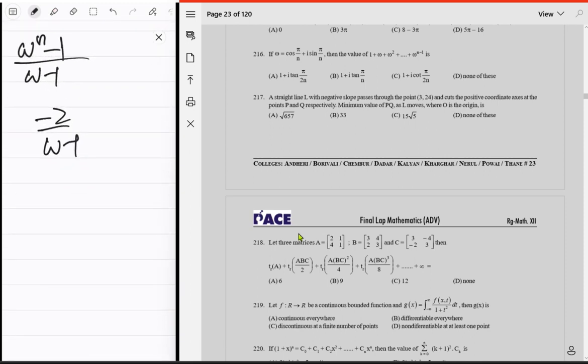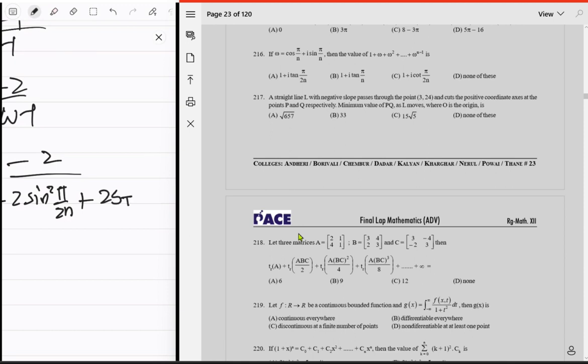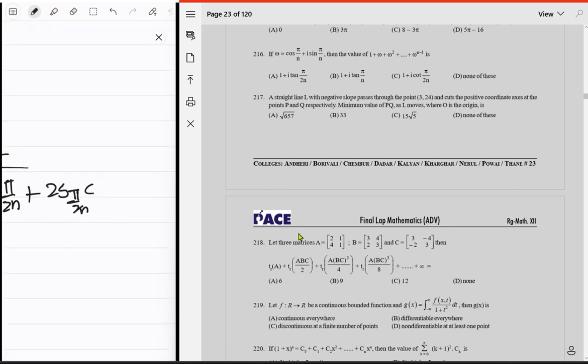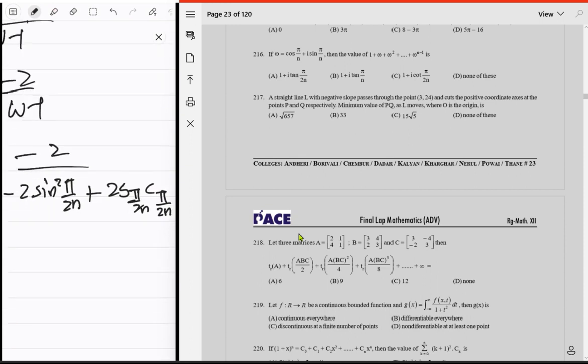Which is like negative 2 upon, where? Cosine pi upon n minus 1 is like negative 2 sine squared of pi upon 2n, and then plus, you can write this as, plus 2 sine of pi upon 2n cosine of pi upon 2n and then iota, but actually it's omega minus 1.